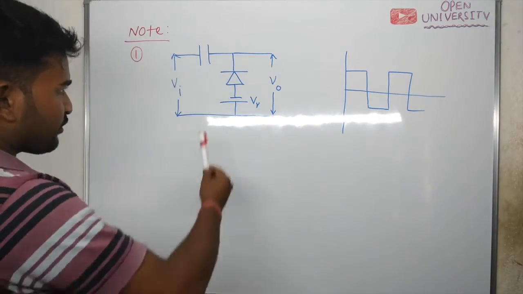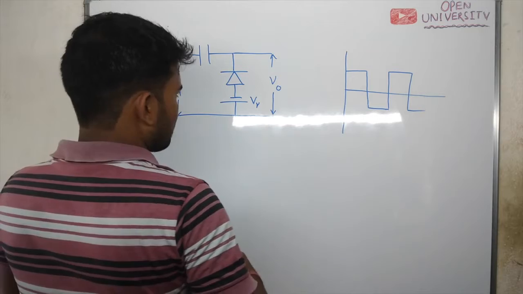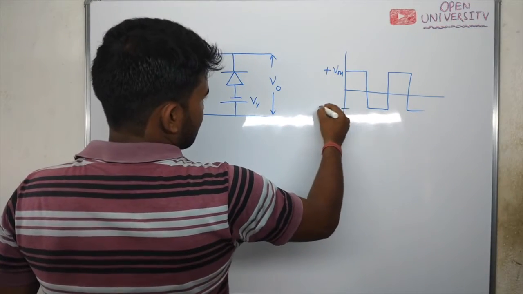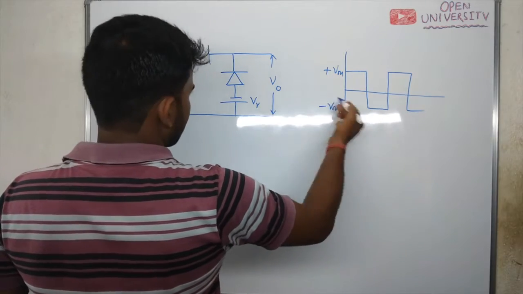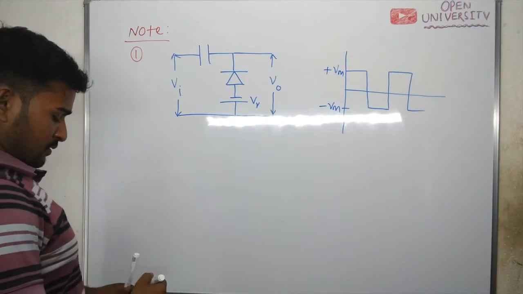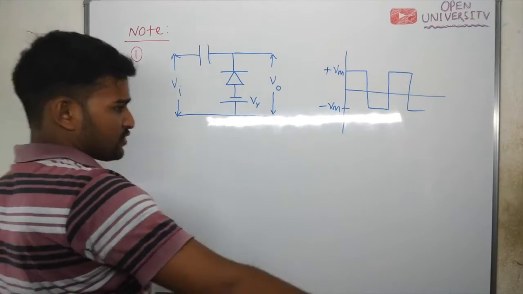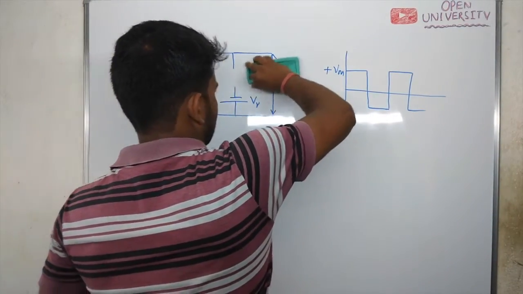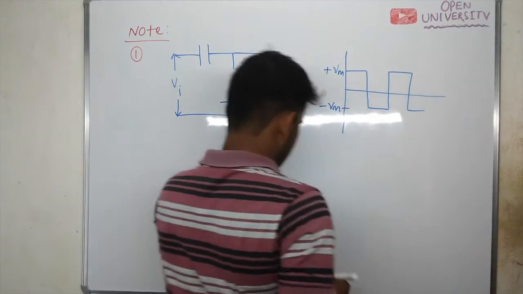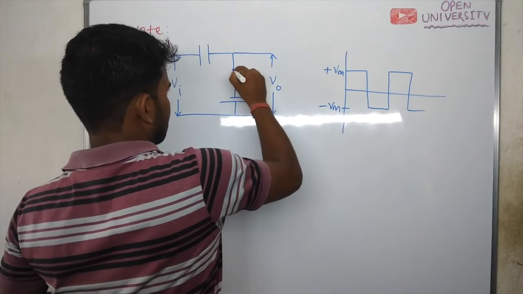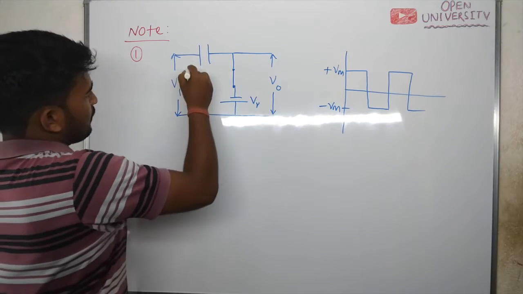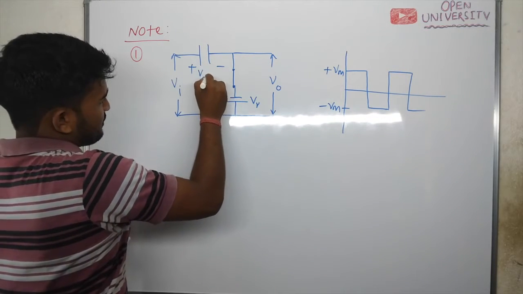Now during the negative half cycle, your diode will be forward biased, and it will be replaced with short circuit. This is your Vc, voltage across capacitor.